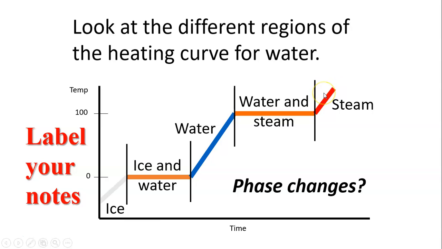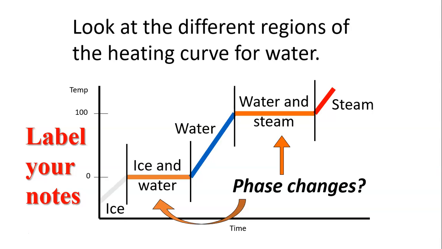So what are the phase changes? Okay, what happens here? As you're moving from left to right, that ice is melting. That's the phase change. What's happening here as you move from left to right? The water's boiling.